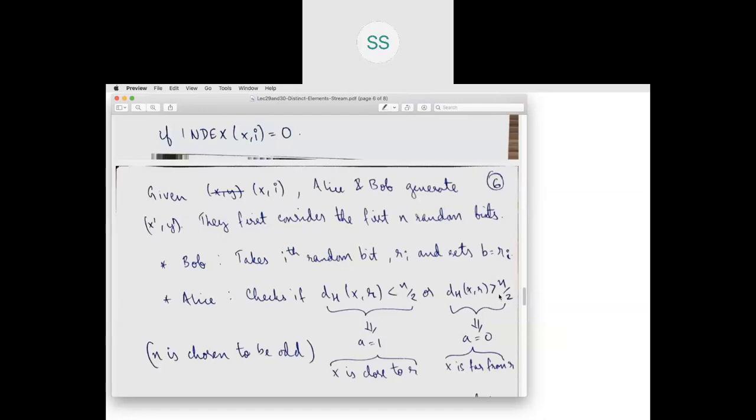Just one word of note here. In this reduction, we pick n to be odd, so that we don't have to deal with the mess of what if it is equal. So either the Hamming distance is strictly less than half or strictly greater than half. We don't have the equal case.